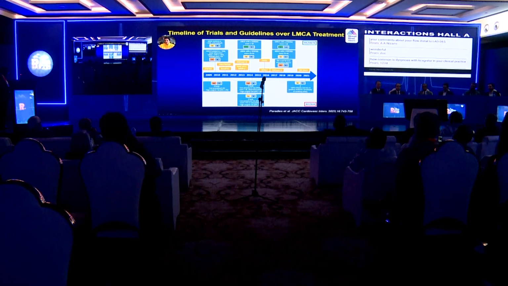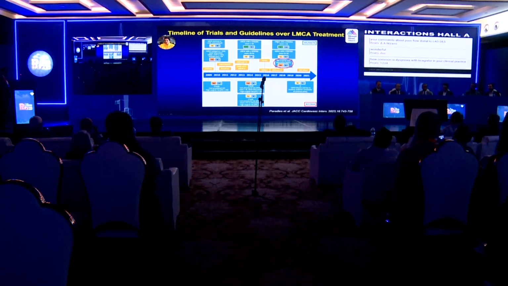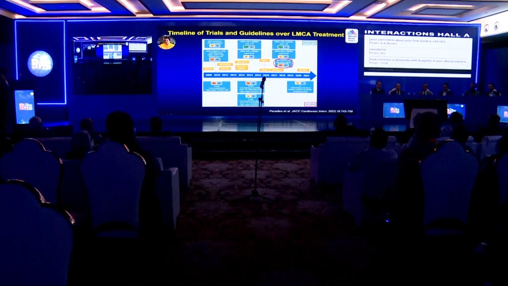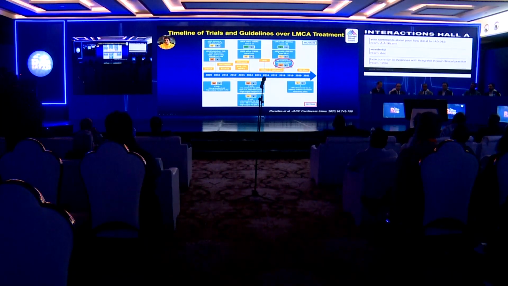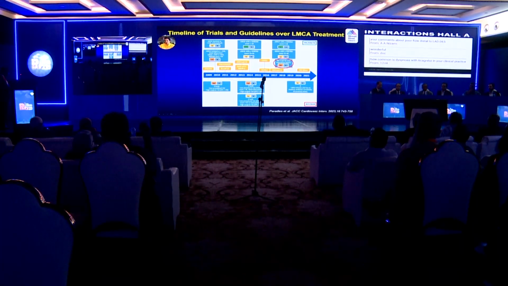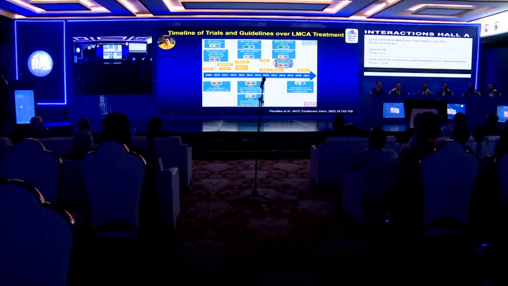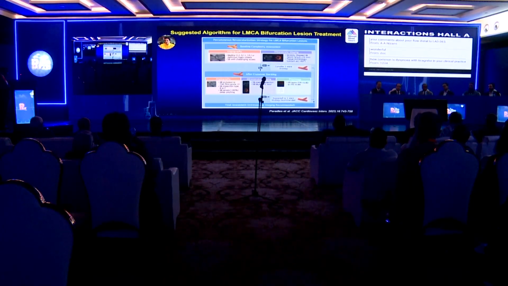So this is a recent paper that just came out, which is saying that patients with left main with a SYNTAX of less than 22 are appropriate to undergo PCI, left main with SYNTAX between 23 and 32 is 2A. But again, in the guidelines, DK crush has been part of it with 2B for this kind of cases here.